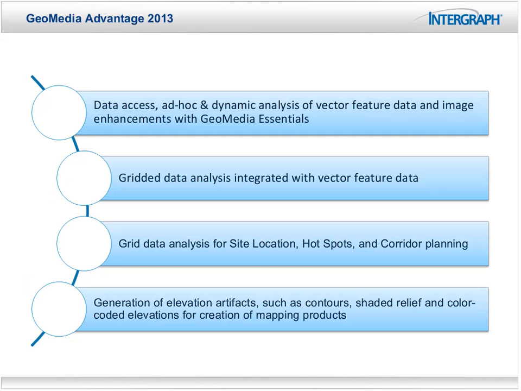You can do site location, hotspot analysis, corridor planning, and also generate any type of elevation artifacts such as contours, shaded relief, color-coded elevations, anything you might need for any type of mapping product that's out there. So what I'd like to do now is show you a short video on GeoMedia Advantage.